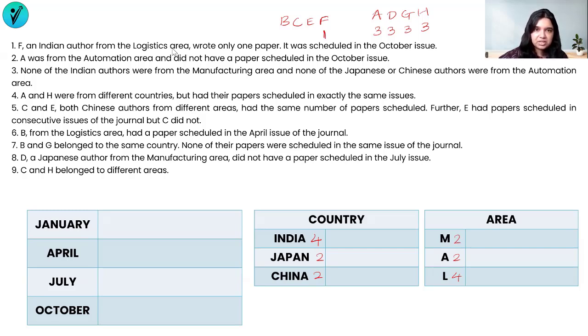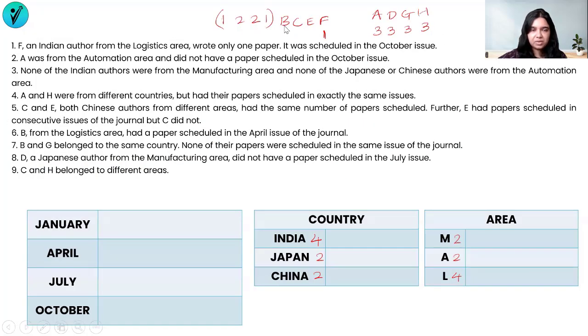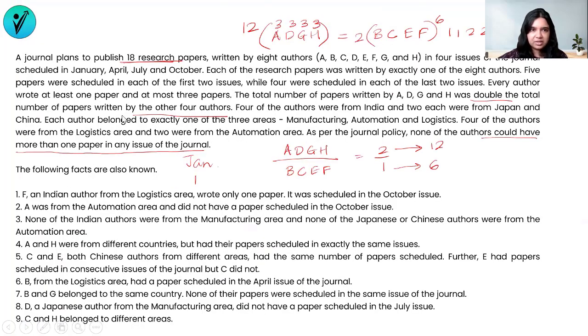I don't know who has which number right now, but we will come to that in a bit. B, C, E, and F had 1, 1, 2, 2 in some order. There are a total of 18 research papers, at least 1, at most 3 for each of them.